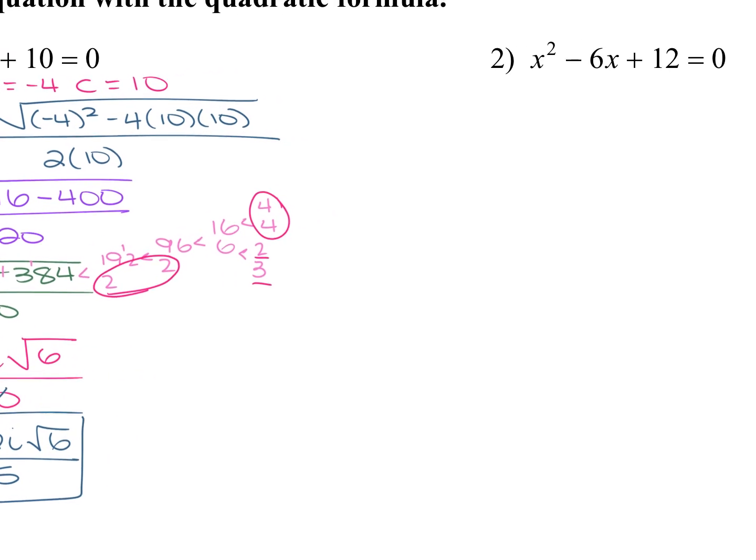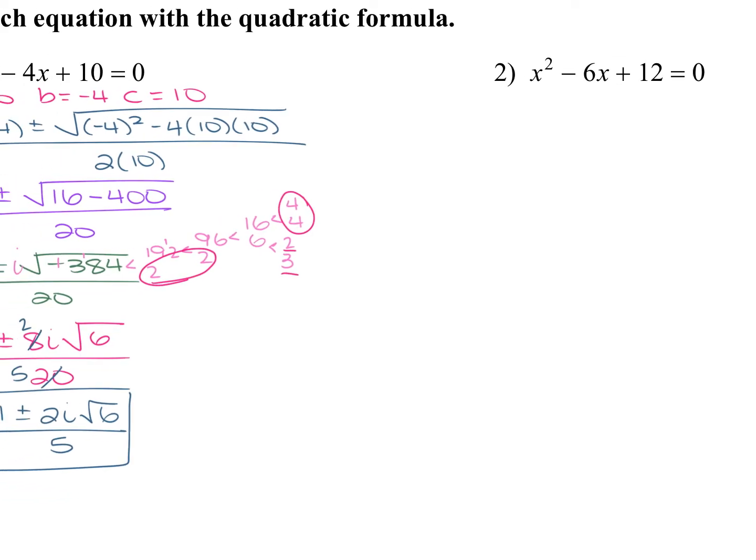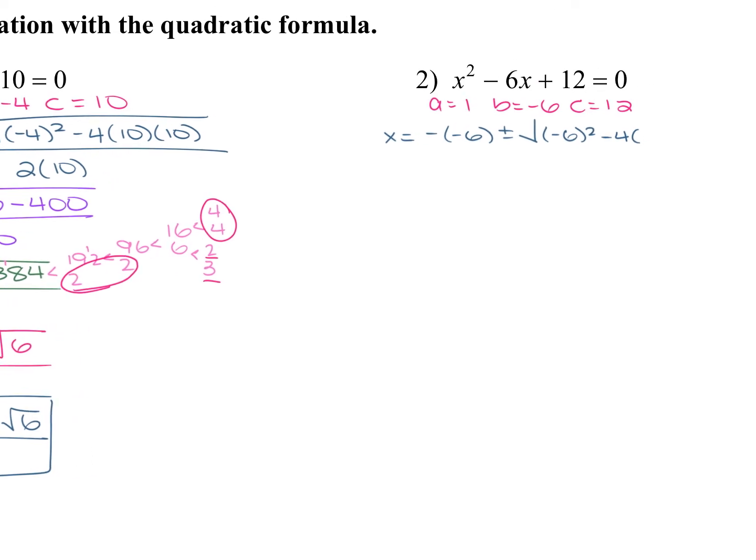For number 2, we have x squared minus 6x plus 12 is equal to 0. So for this one, your a is 1, b is -6, c is 12. So we're going to have x is equal to the opposite of -6 plus or minus the square root of -6 squared minus 4 times 1 times 12, all over 2 times 1.